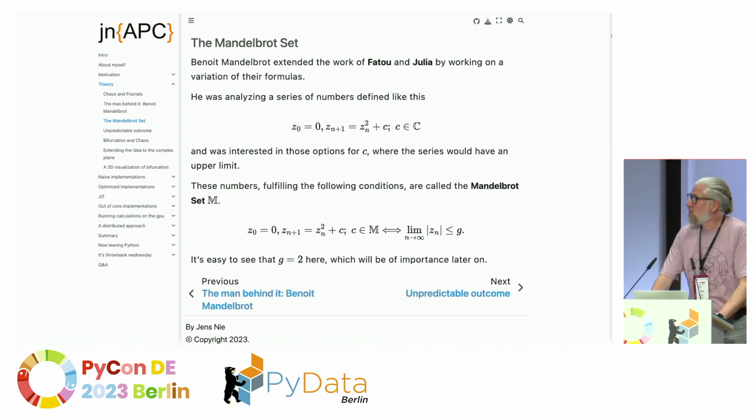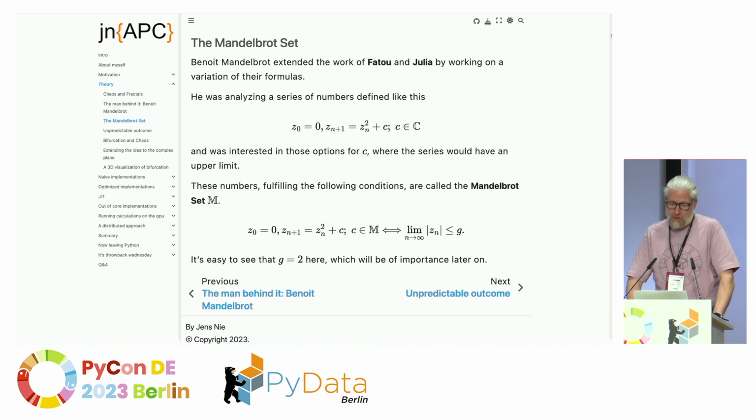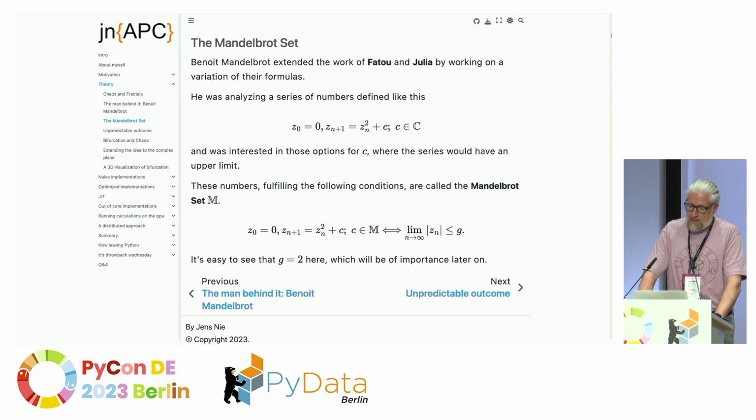So what it looks like formally, we can do a formal definition of that. The Mandelbrot set is starting with the number 0, z0 being 0. The next number you can calculate by squaring that number and adding a number c to it.